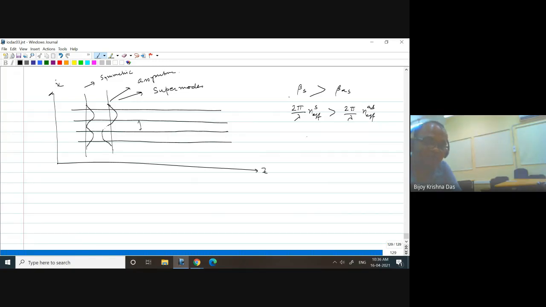That means n effective for the symmetric mode, which is the fundamental mode of the combined structure, is larger than the asymmetric one. These values you get from numerical or software full vectorial methods, so you know their propagation constants.